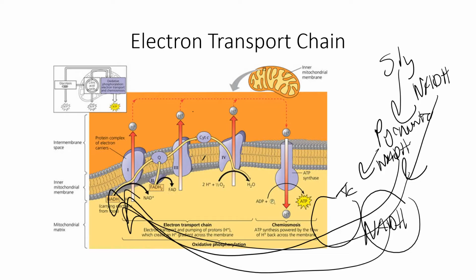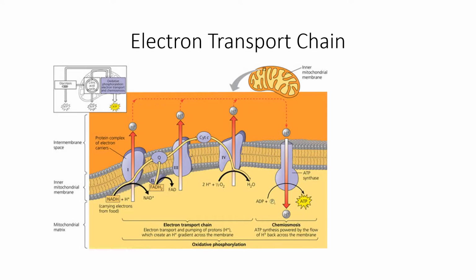Now the question becomes, how are we going to ensure that all the electrons from all this NADH actually get through the electron transport chain? We need more oxygen within the muscle fiber and thus within the mitochondria so that more electrons can be extracted from complex 4. That's what we need.